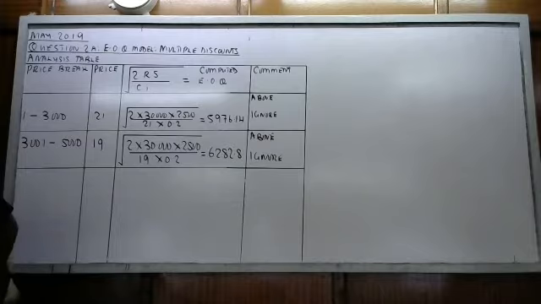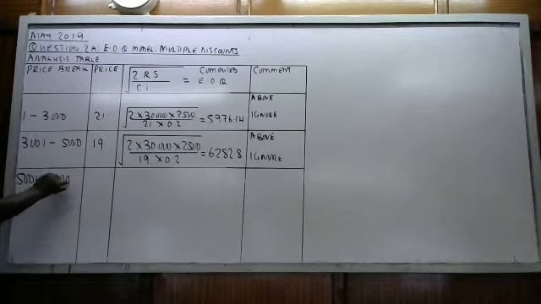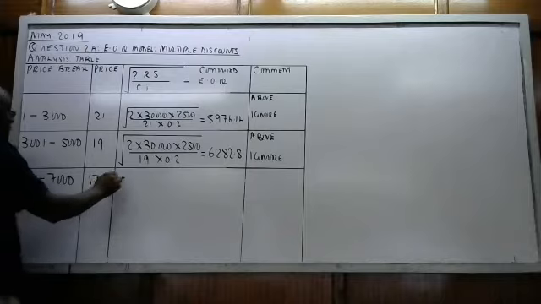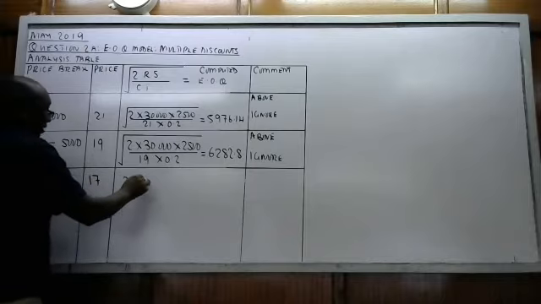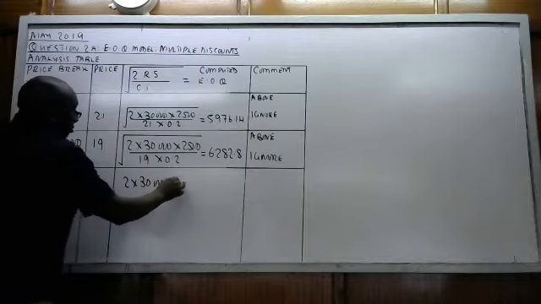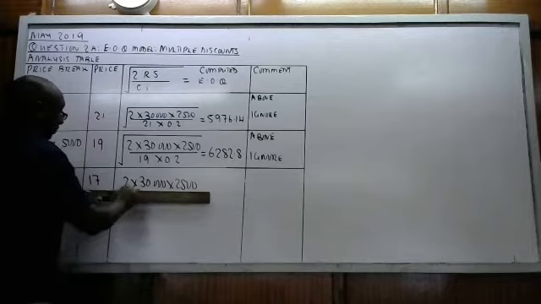Let us go to the next one, 5,001 to 7,000, and the price is 17. So this will be 2 times 30,000 times 2,500.